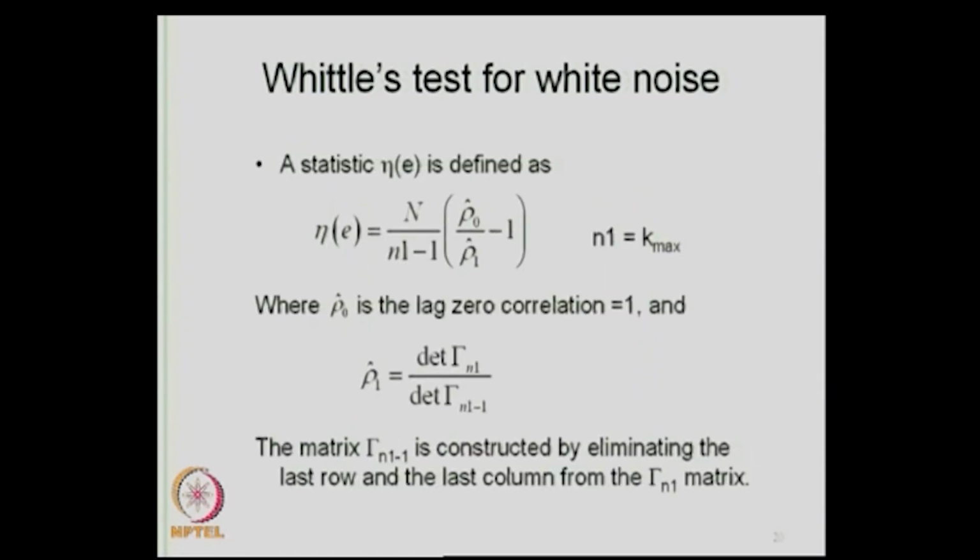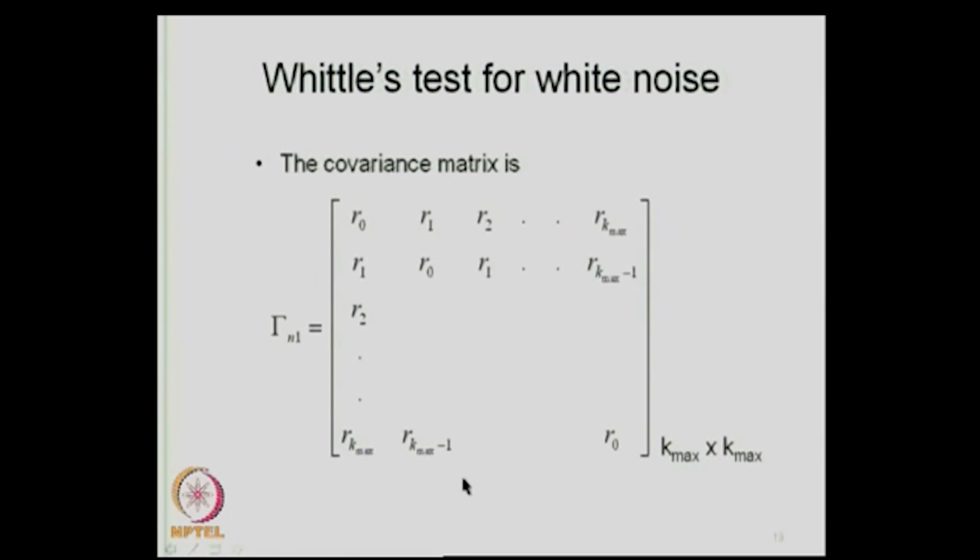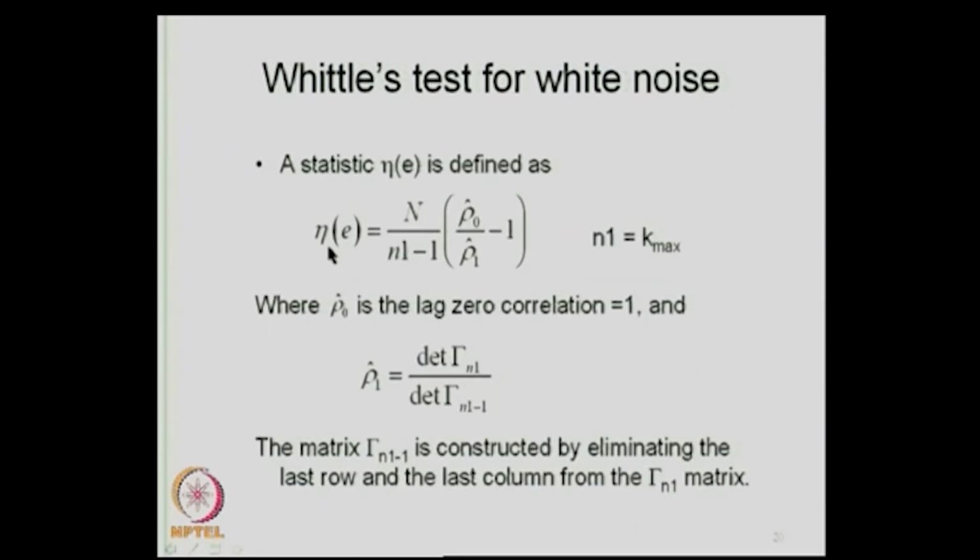Then we formulate a statistic. So, essentially we determined the covariance and formulated the covariance matrix, and using the covariance matrix, we define a statistic. Eta_e is equal to n, which is given, n1 is k max minus 1, rho naught is the lag 0 correlation, which is 1, and rho1 cap, which I will define now, minus 1.